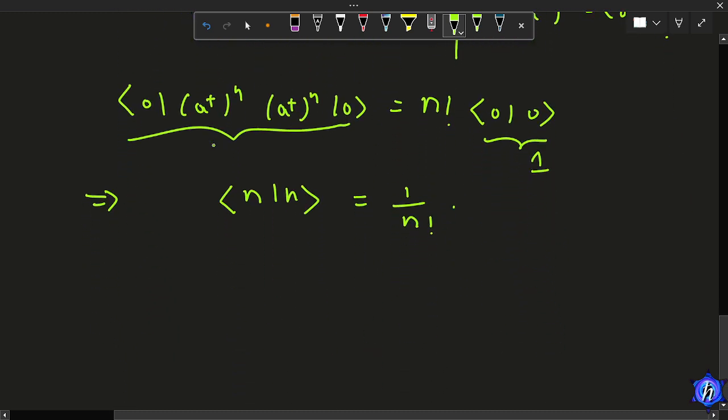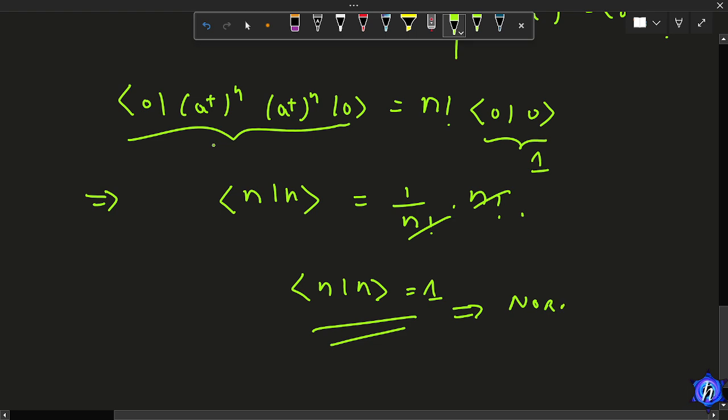So this n factorial and this n factorial cancel out. This implies the norm is equal to 1, which implies it is normalized for the nth state. Brilliant, we did it. Thus we prove that the excited states are also normalized.